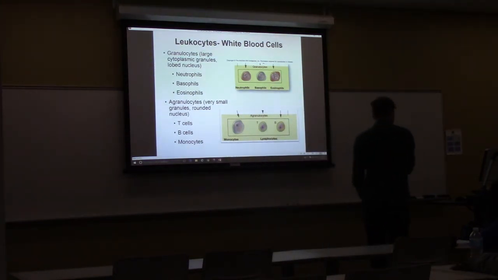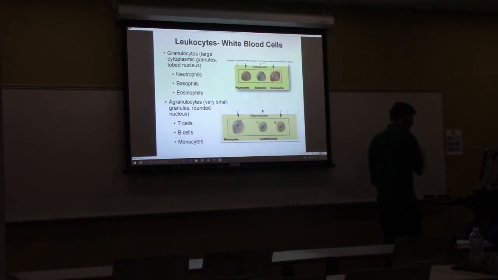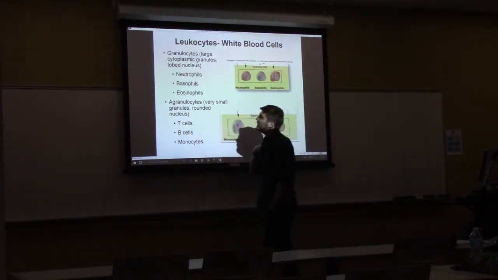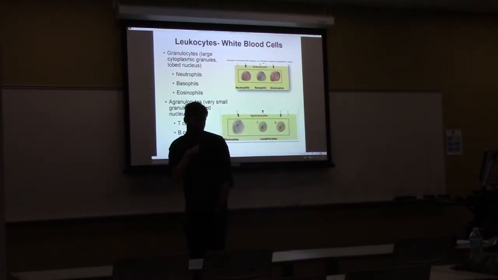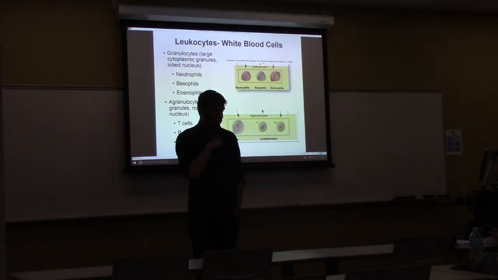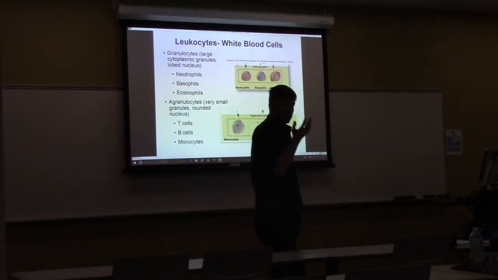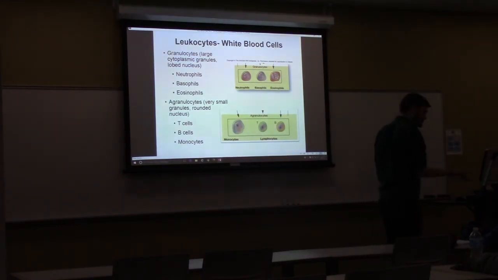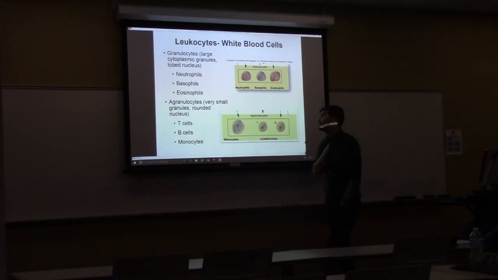What about basophils? What do basophils do? Allergic responses and then help clear large parasites. What about eosinophils? They're similar to basophils, right? They can cause allergic responses, and they can also get rid of large parasites.